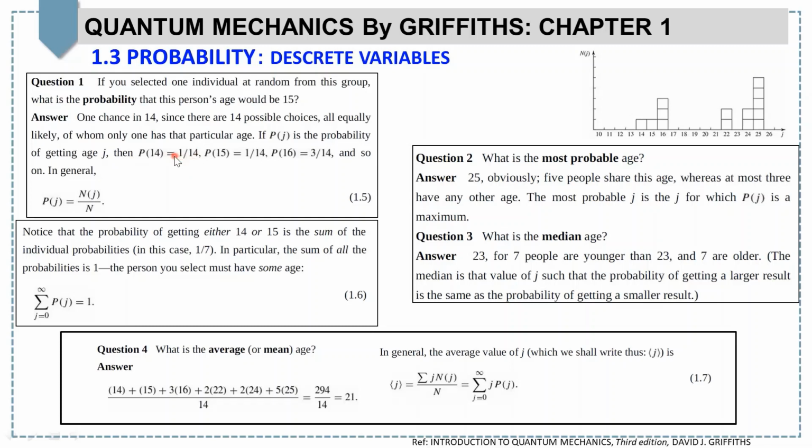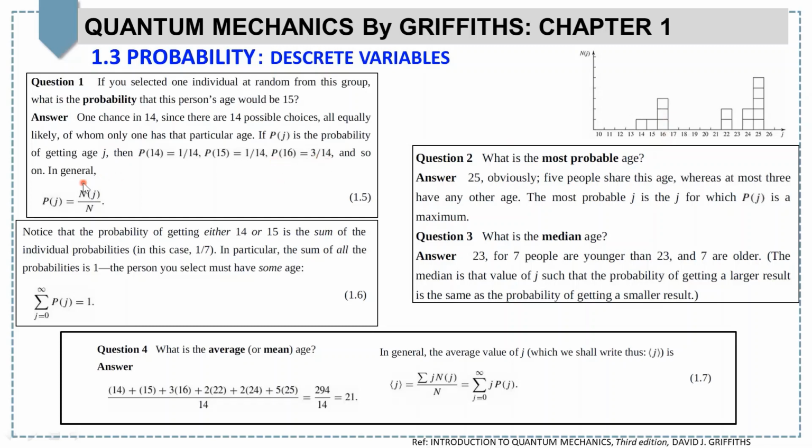Similarly for age 15, we write 1 over 14 because there is only one person of age 15. But for age 16, you can see in this histogram there are three boxes, meaning that there are three persons having age 16. So we write 3 over 14.